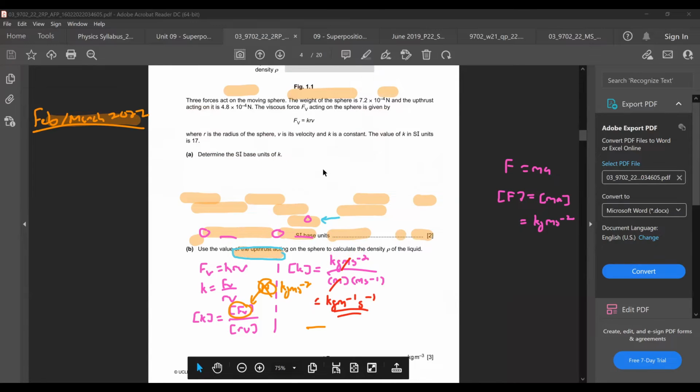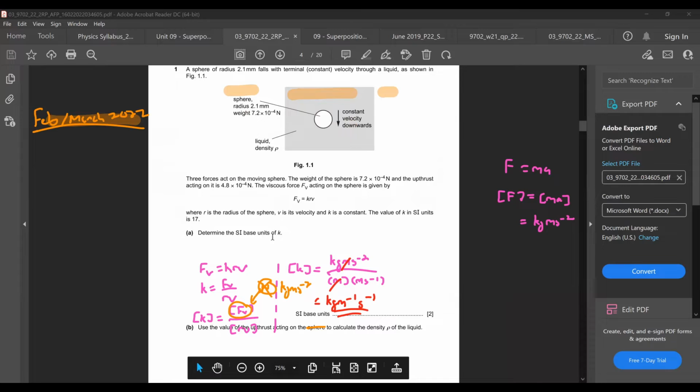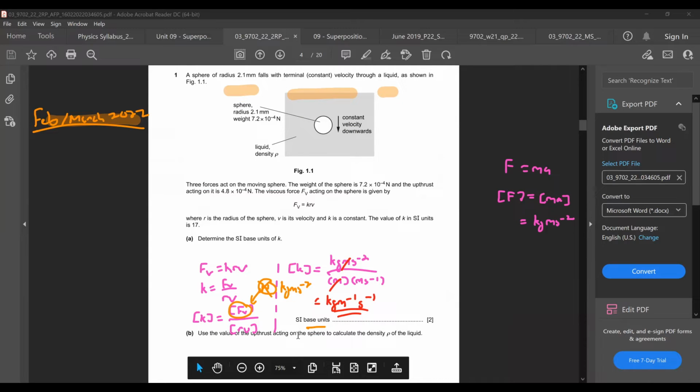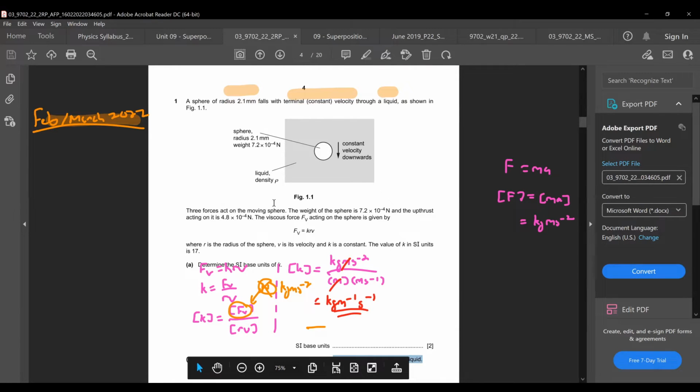Okay, so from here, use the value of upthrust acting on the sphere to calculate the density rho of the liquid. Did they give you your upthrust? Let's just see from here.